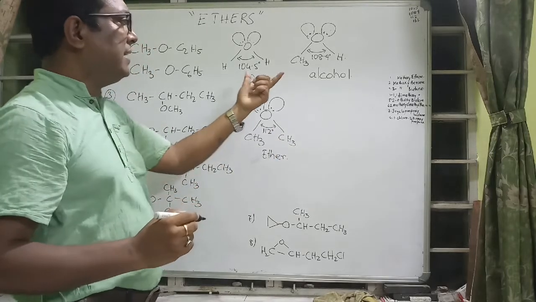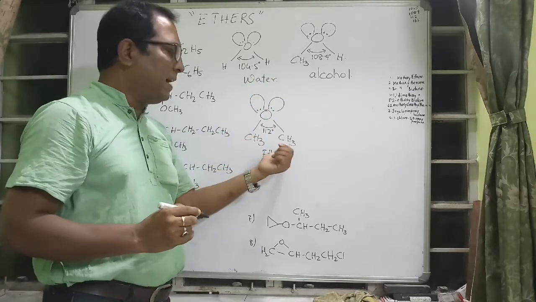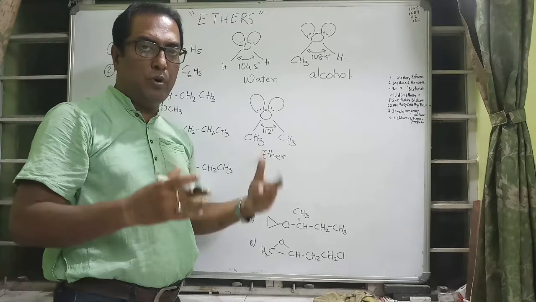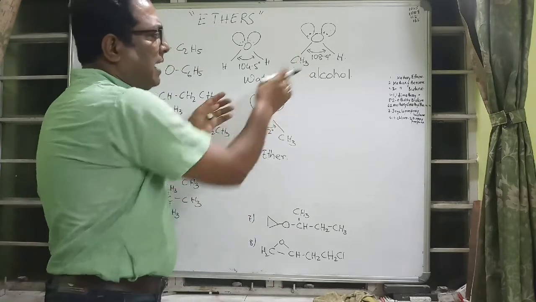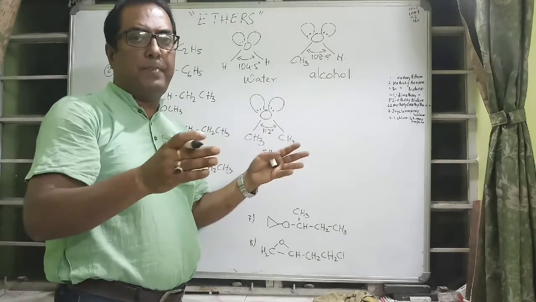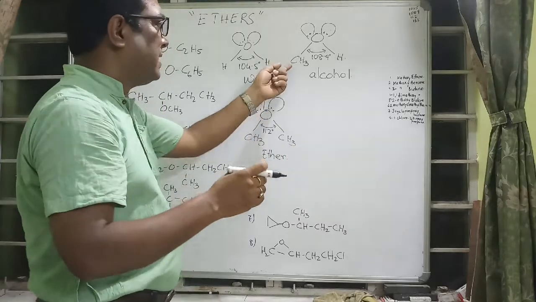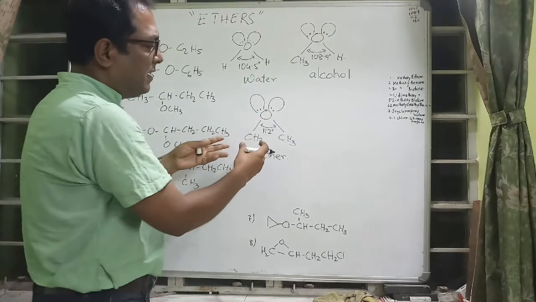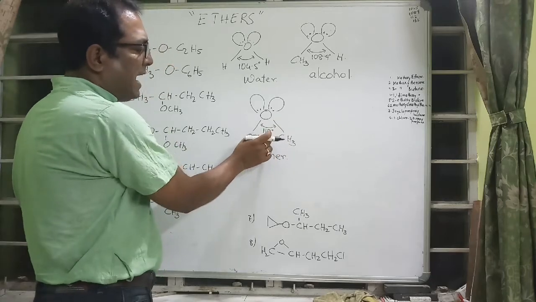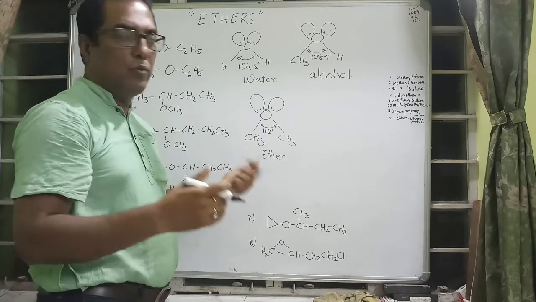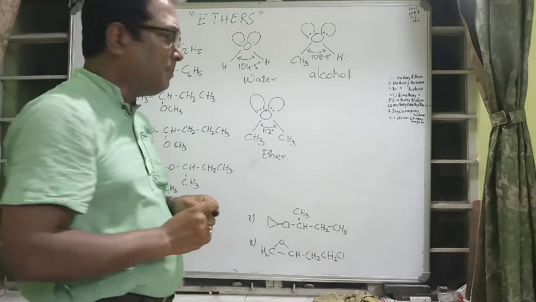So students, you can understand, the more alkyl groups, the more carbon groups, this carbon and hydrogen repel because of their plus I effect. The more the plus I effect, the more they repel each other and make the angle wider with the number of carbons.